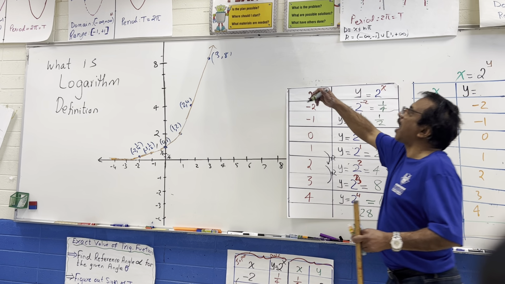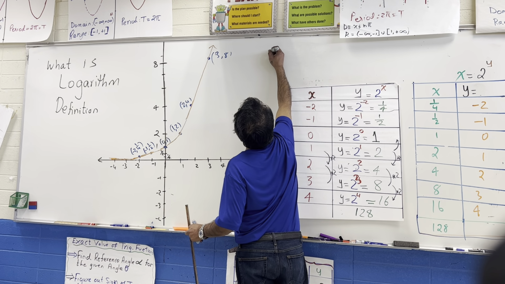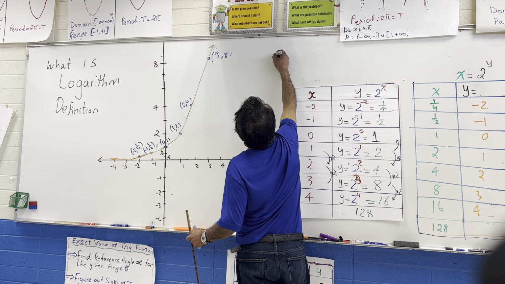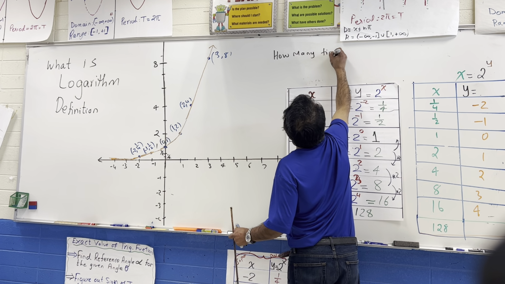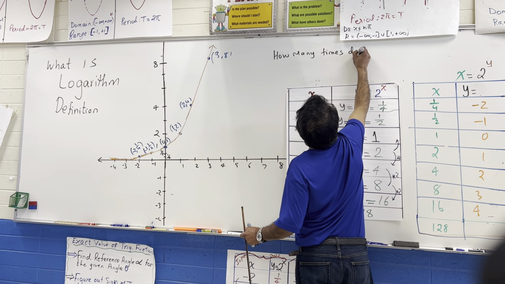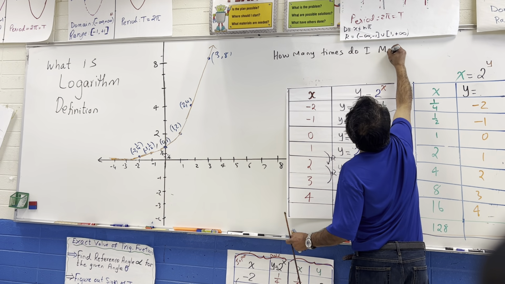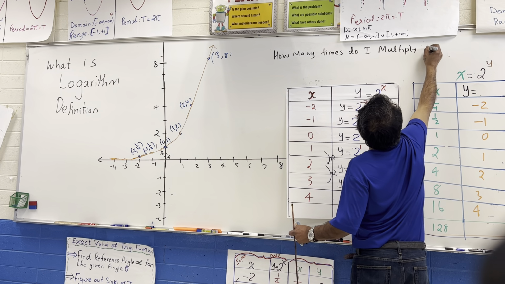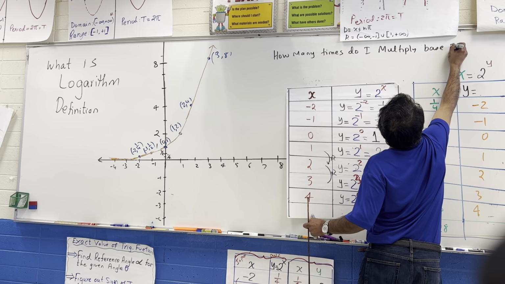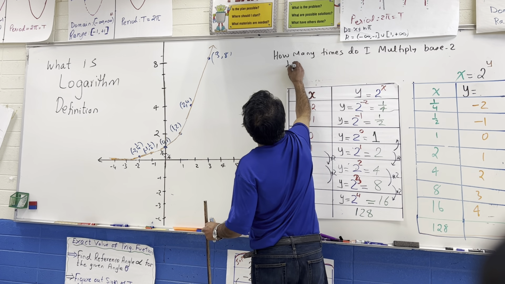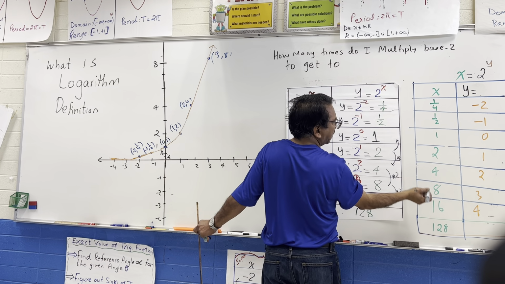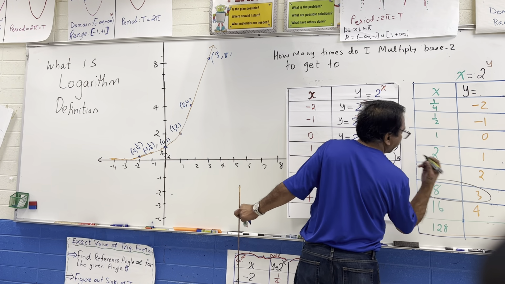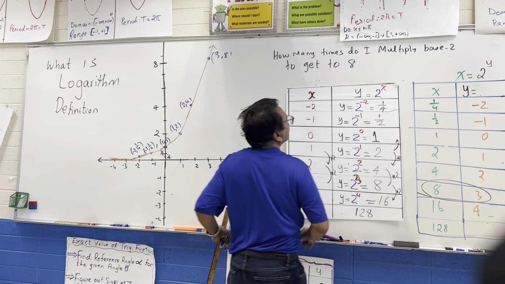So basically you're asking a question all the time. Suppose I want to write: how many times do I multiply 2, the base 2, to get to, let's say, 8. I'm just taking 8. Can you see the answer?